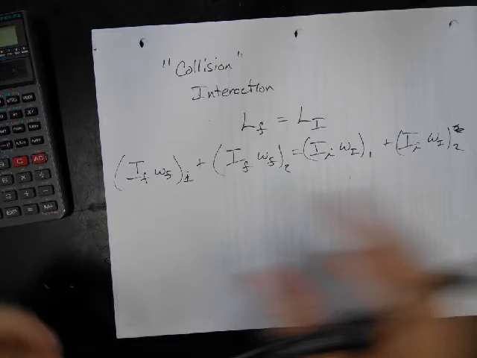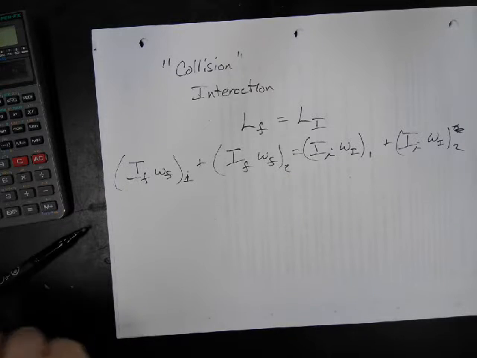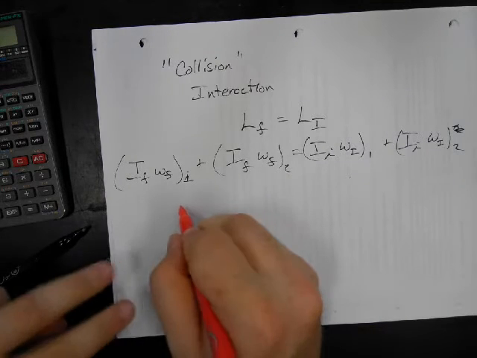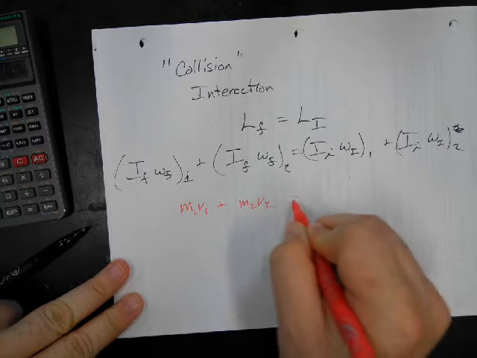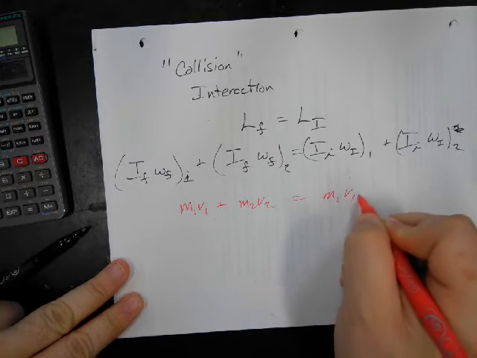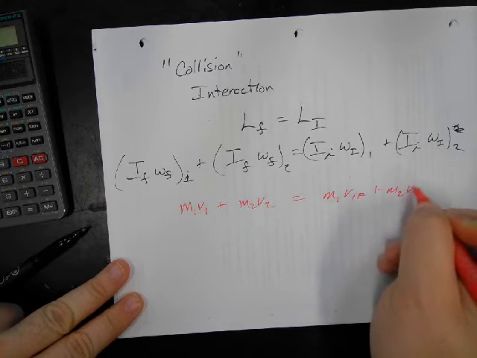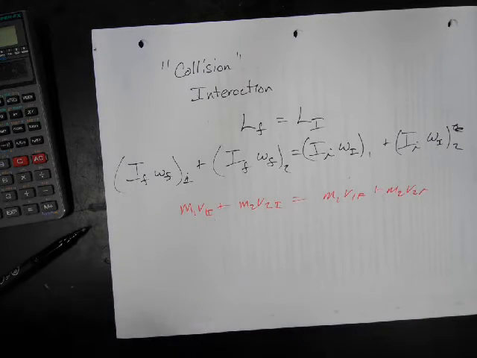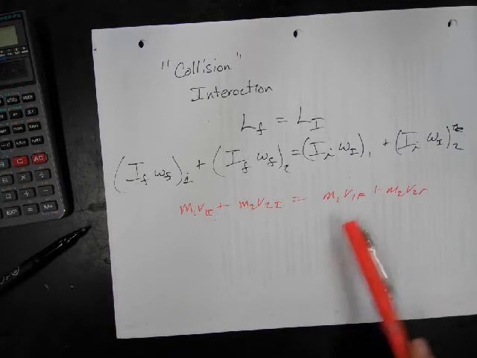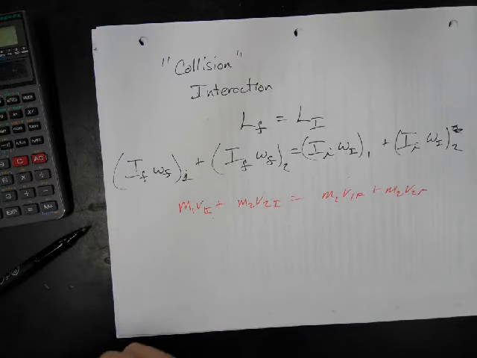So, this is an expression that looks very much like M1 V1 plus M2 V2 is M1 V1 final plus M2 V2 final. And we'll put initials here. All right. It's an expression that looks the same, but now the moments of inertia could change.